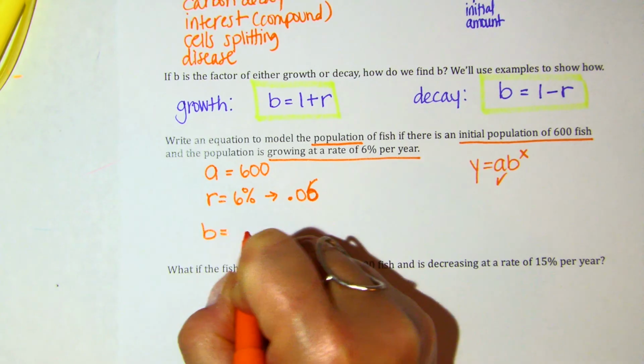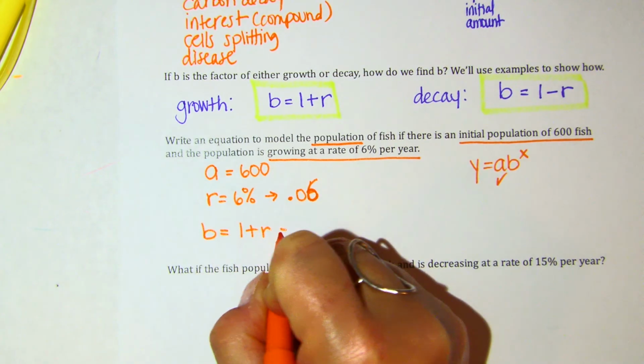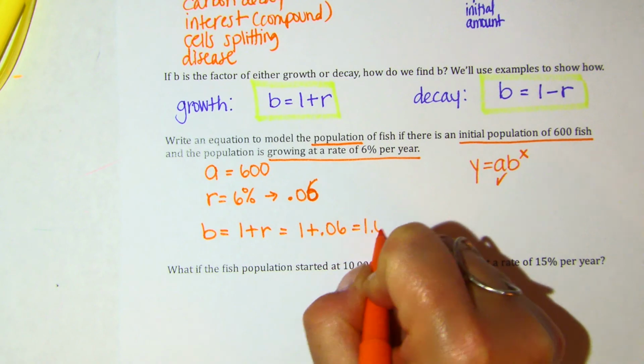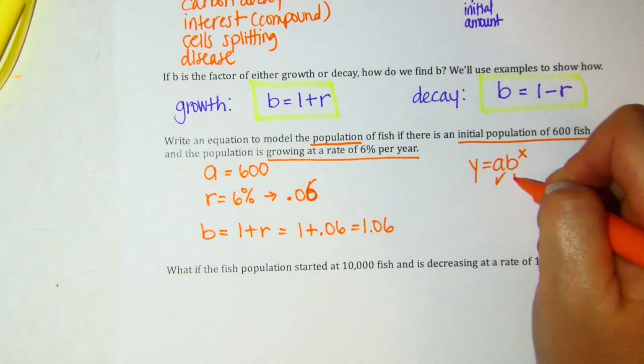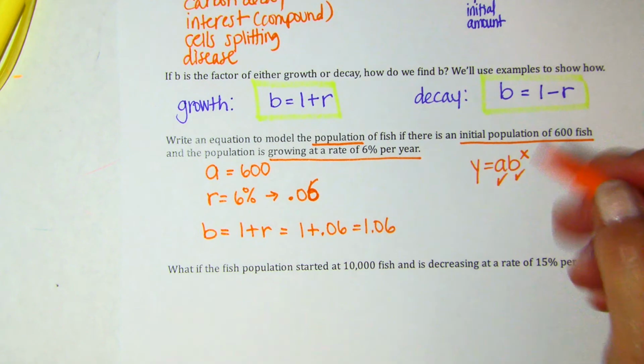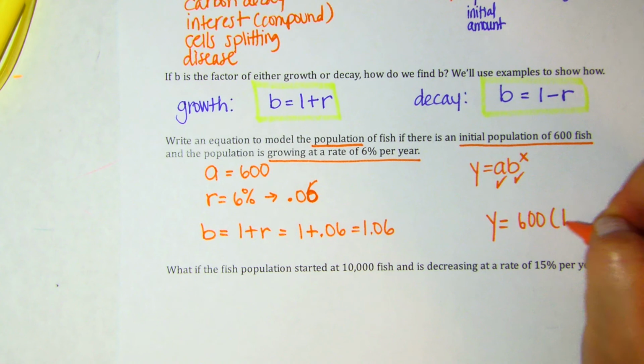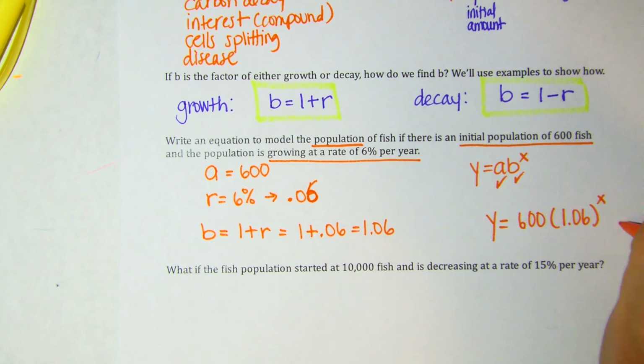Because it's growth, it's going to be 1 plus R for my B. So there's your B, and now I can plug everything in. So y equals 600 times 1.06 to the x.